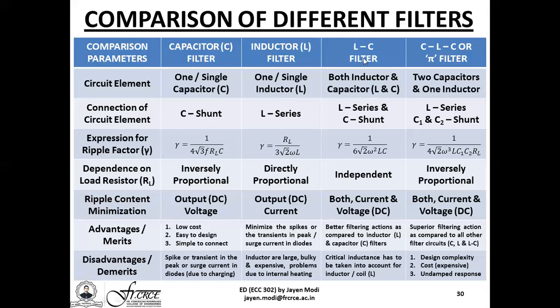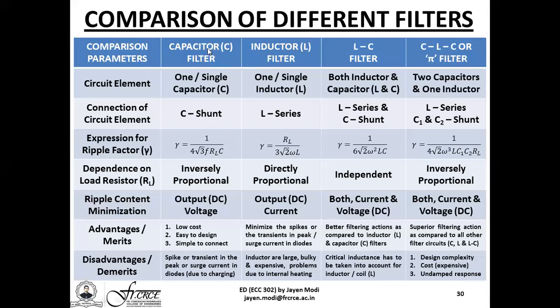The LC filter has the advantage of offering a very good filtering action as compared to both the individual C filter as well as the L filter. But the CLC or the pi filter offers a superior filtering action thanks to a three-stage protection given by a capacitor C1, the inductor L in series, and the capacitor C2 in shunt.